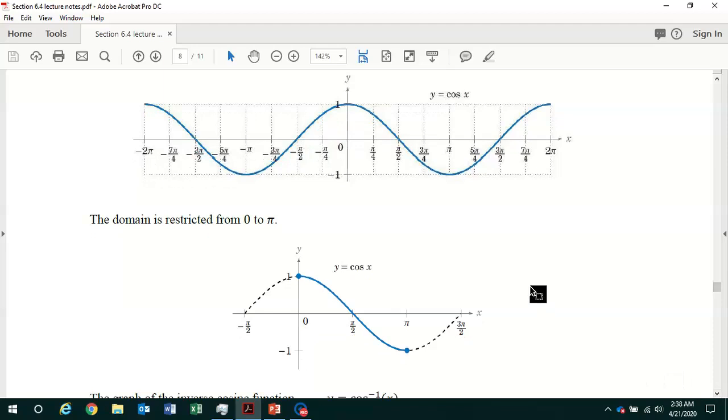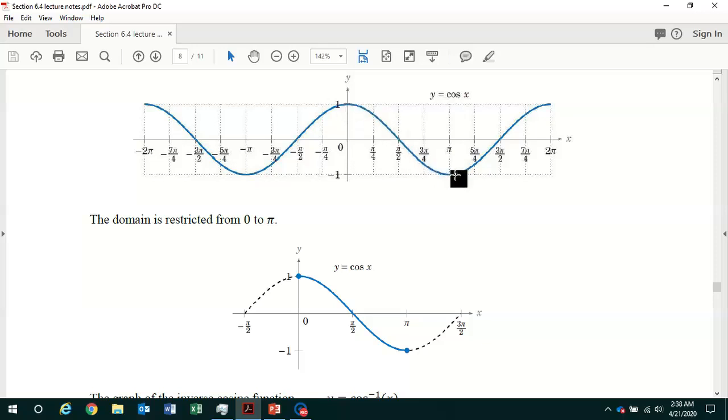How they got around this problem is they restricted the domain of the cosine function for values of x from x equals 0 to x equals pi. They kept x equals 0 and x equals pi, and you notice that they just kept this part of the graph right here.